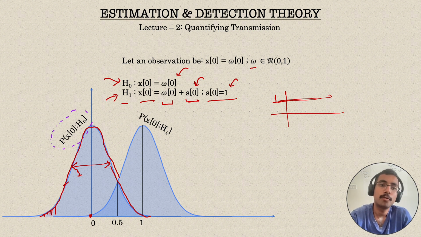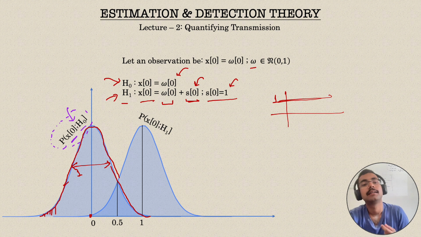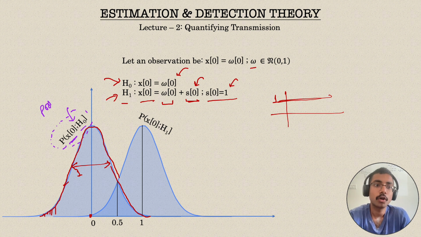This is the probability of the observation where we have the hypothesis H naught. Subtle notations are very important. Given the hypothesis H naught, we have the probability distribution of our observation. This is the probability of the observation under hypothesis H naught.